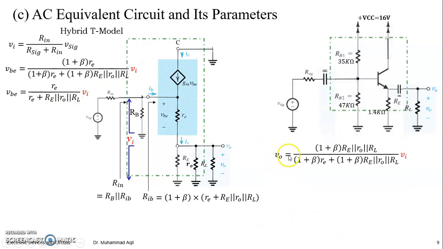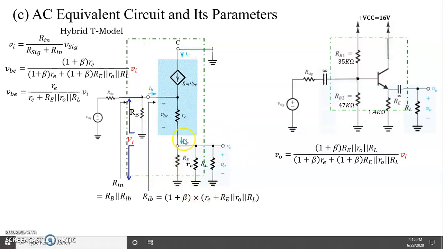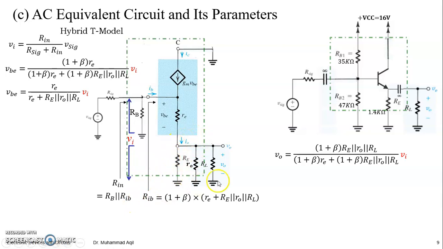Then what will be the V output? You see, part of this Vi is developing across RE, called VBE. And the remaining part of this Vi will be appearing across the parallel combination of these resistances. So what will it be? It is Vout.